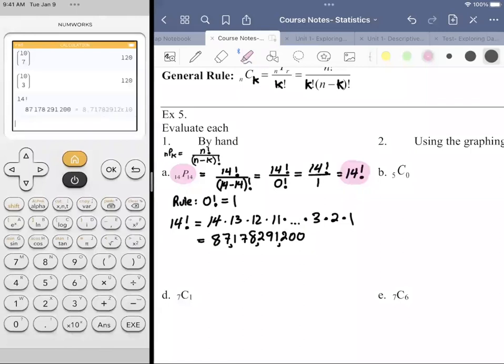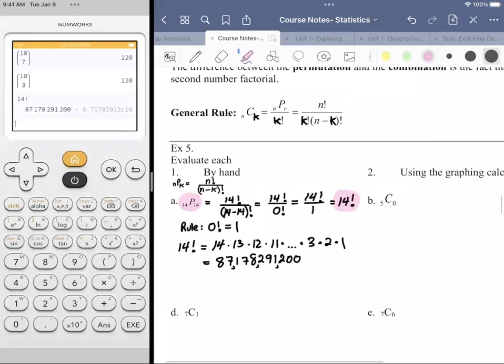But sometimes the act of typing something in the calculator takes longer than actually doing it out by hand. Now, when I say by hand, it could mean using a formula like this, or it could be knowing a shortcut, like 0 factorial is equal to 1. All right.